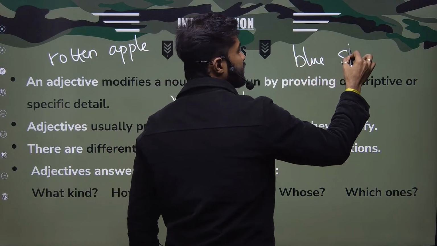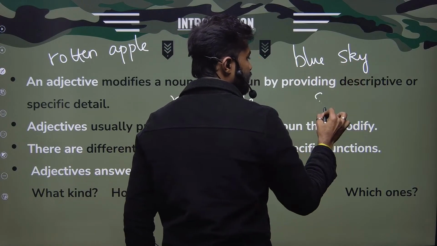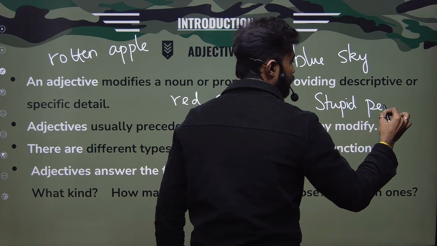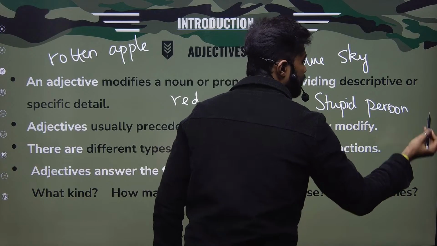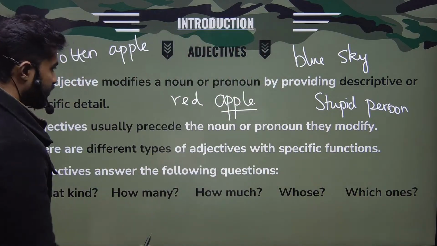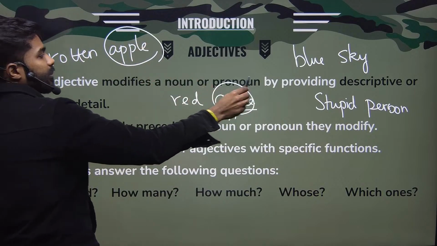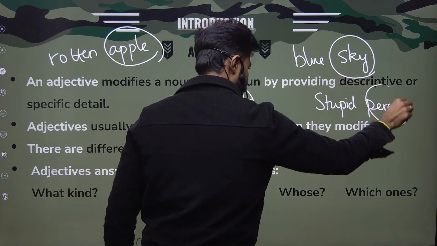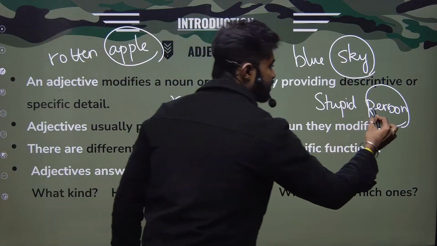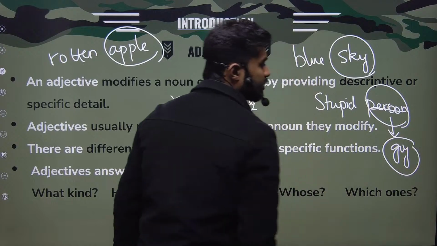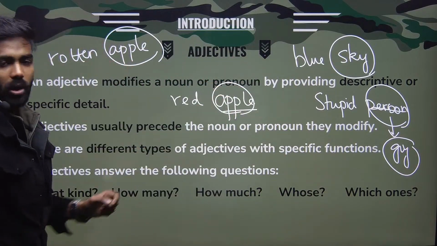Blue sky. Stupid person. All right. See here. What is happening? These are my nouns. Or else take this person also. Keep it very simple. Stupid guy. These are all my nouns.